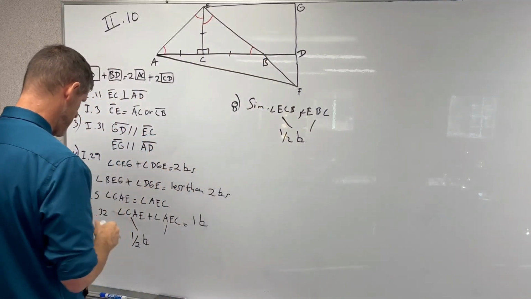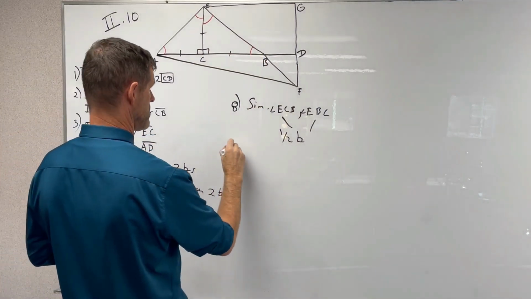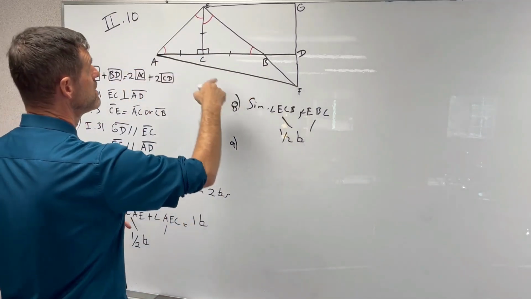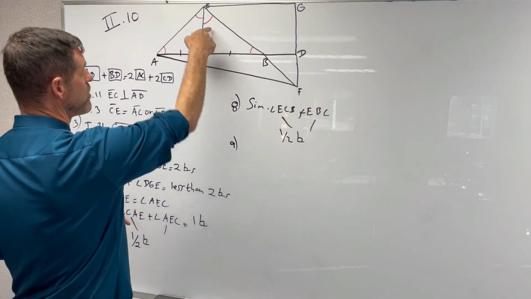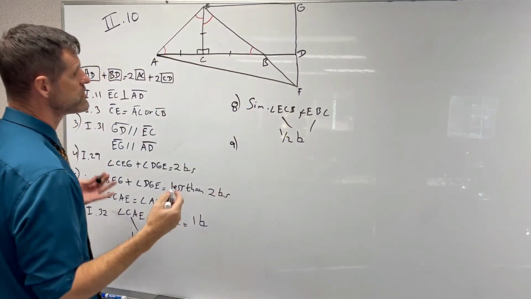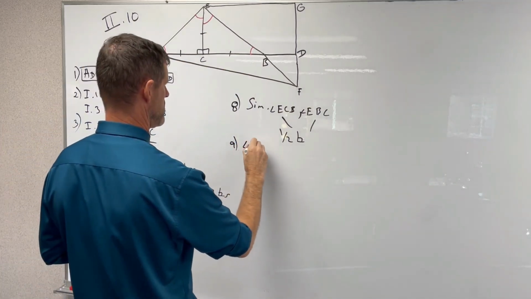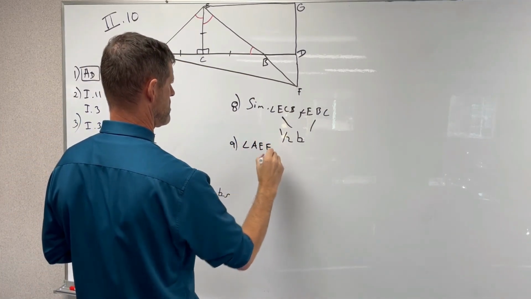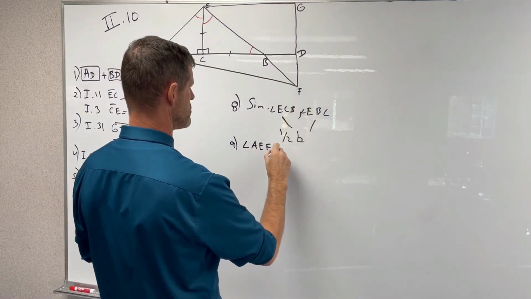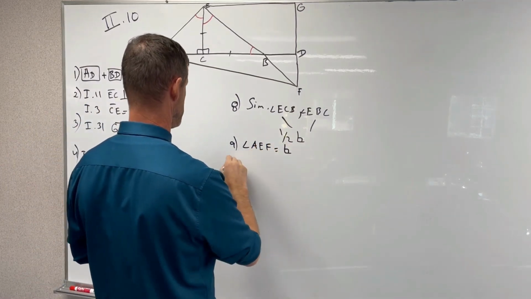So we can see that the angle AEB, since we've got half a right here and half a right, the whole angle AEB, or we'll call it AEF, is a right angle. That'll come in useful later on. AEF equals a right angle.